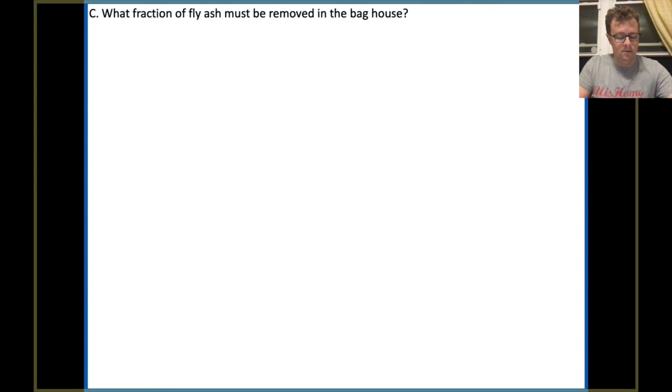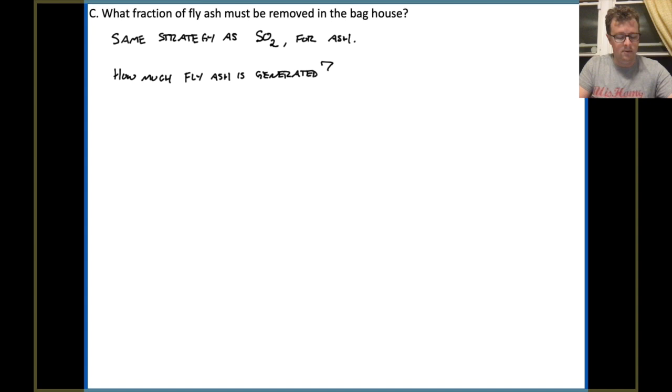What fraction of fly ash must be removed in the baghouse? We're going to use the exact same strategy that we used for sulfur dioxide, but in this case we're going to do it in terms of ash. That's our particulate matter that we're focused on. So how much fly ash are we actually generating? Again, we know how much coal per day we're using.